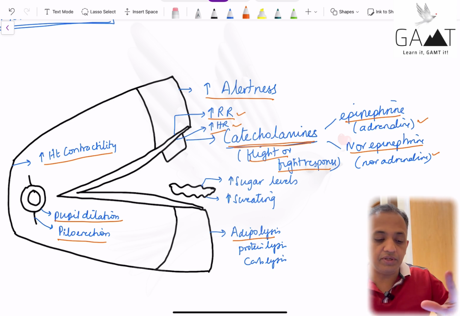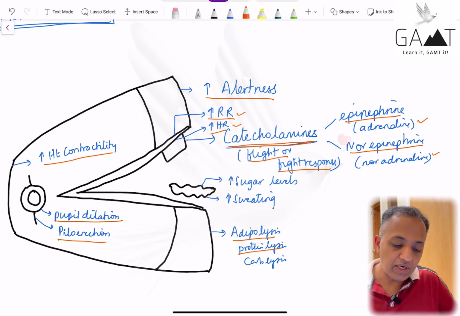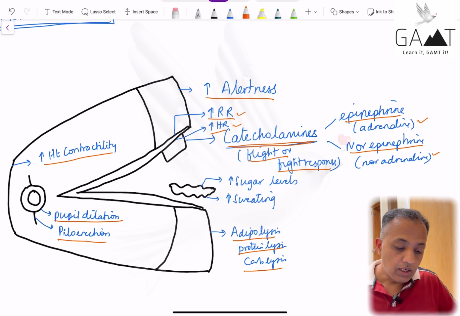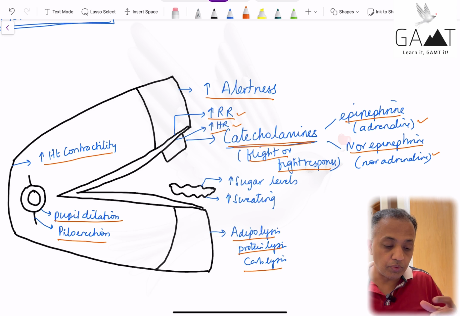So it lyses everything: adipolysis, proteolysis, and carbolysis. If you follow the thread of the action of this hormone, you would get this point as well. It lyses all these macromolecules to produce energy.